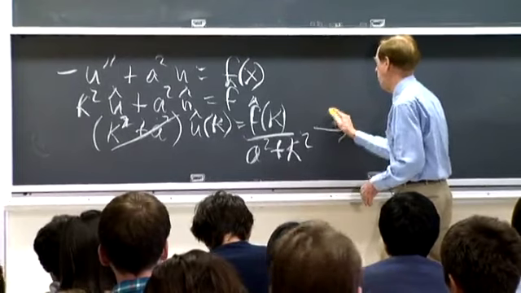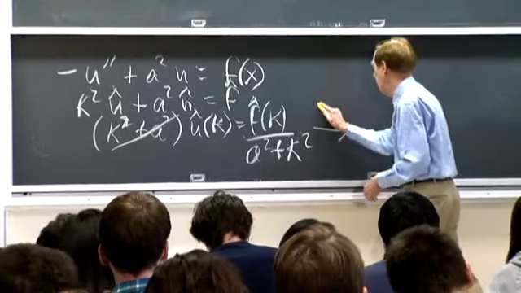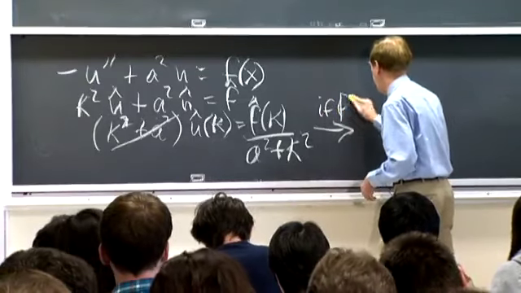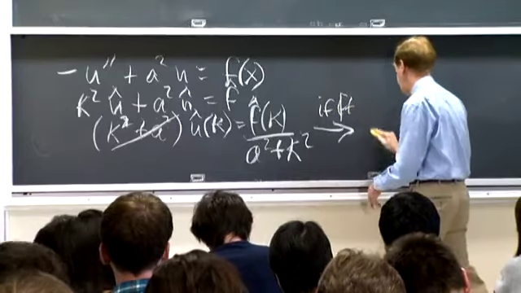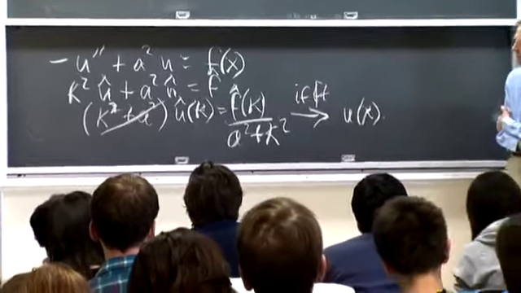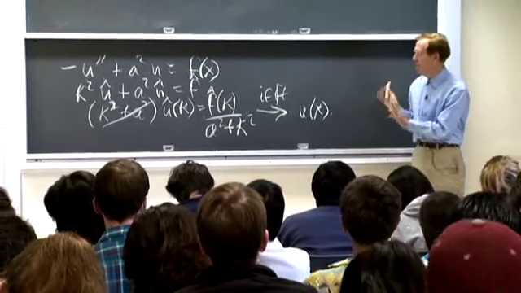So we have to do the inverse Fourier transform to get back to u of x, the answer. That's the model, and that's maybe the one that we've seen.